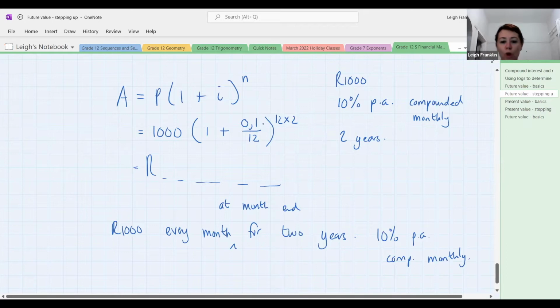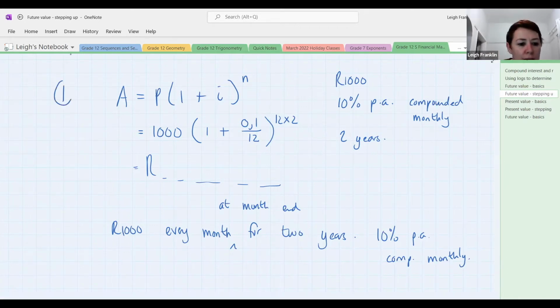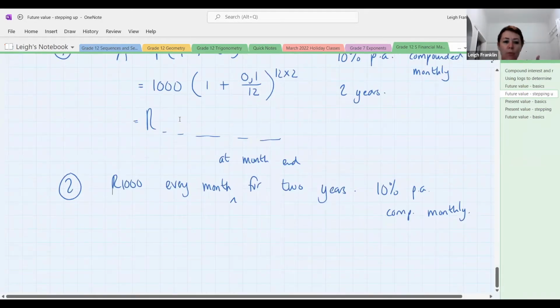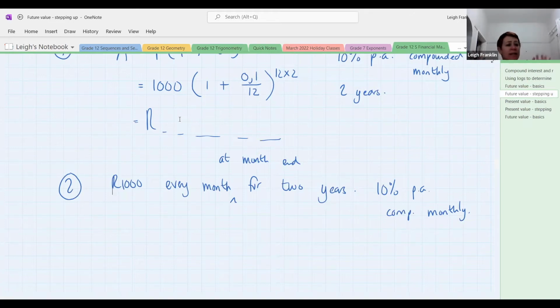You're going to have a lot more money in scenario number 2 than in scenario number 1, because in scenario number 1, you've only put 1,000 Rand in and just let interest work on that money for 2 years. Whereas in the second scenario, you are depositing 1,000 Rand every single month.